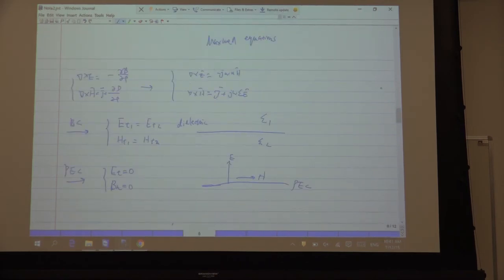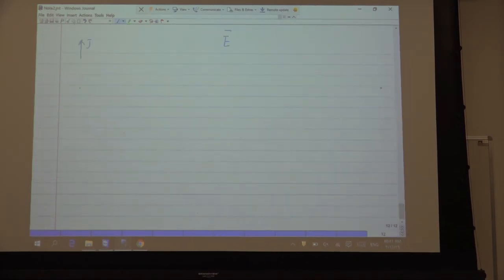So I put the source J with a screen that has a slot. We call it E1. Another, the same J, but with a PMC plane. It's PEC. We call it E2. So we get E1 plus E2 equals E total.